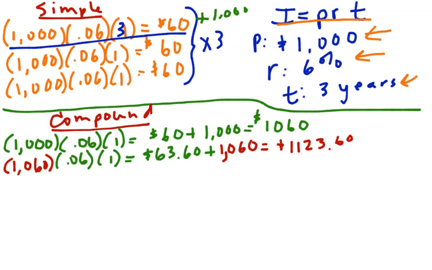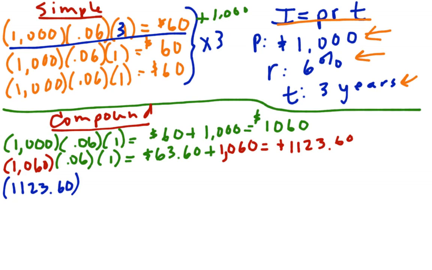Now I have to plug that into my formula, well, it's the simple interest formula. I'm just compounding it. My calculation is I'm compounding by adding my interest in every time and then changing my principal. So my new principal now would be $1,123.60.